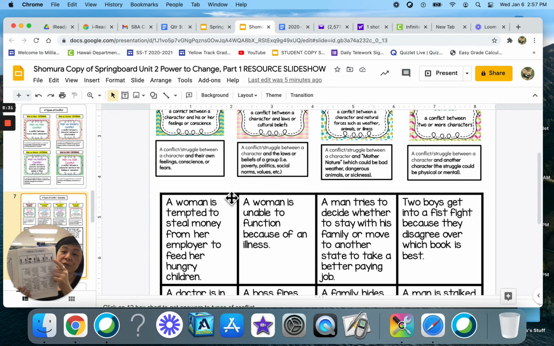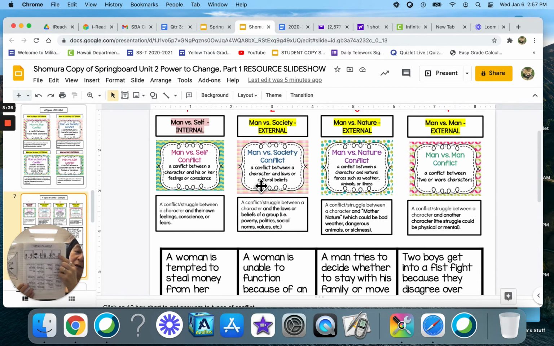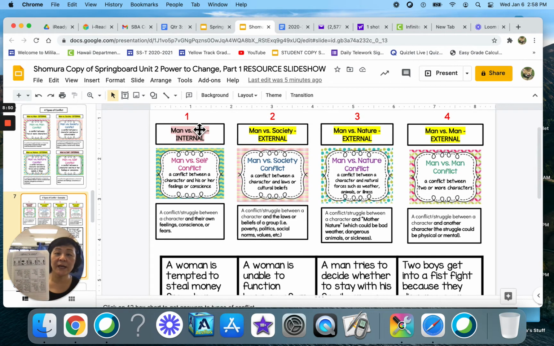So over the man versus self, in this box, write the number 1. In this box, write the number 2. In this box, write the number 3. And in this box, write the number 4. And as you can see on the slide here, we have 1, 2, 3, and 4.